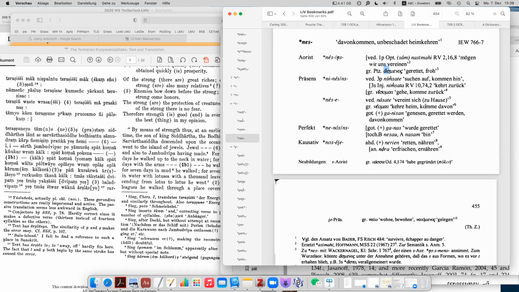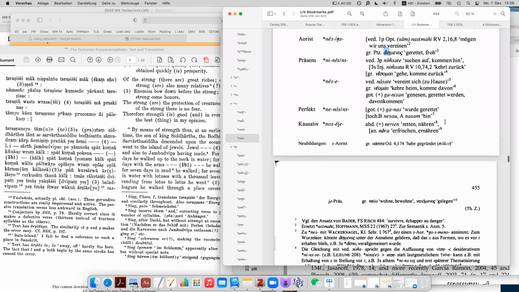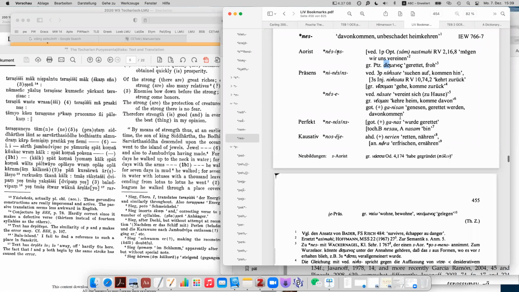Nasate means united, they become united at home. Or neomai, which actually means go back home. And then in Tocharian, we have Nesau and Nasem. So this is actually the Indo-European root for Nes and Nas.